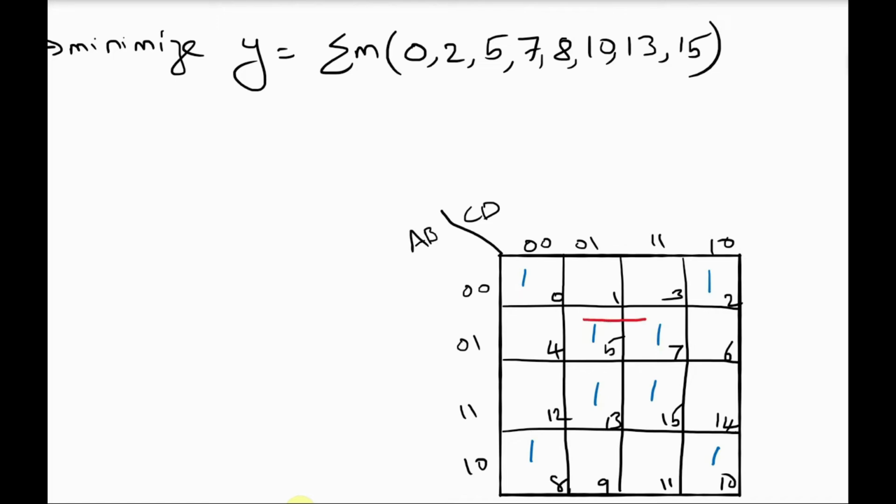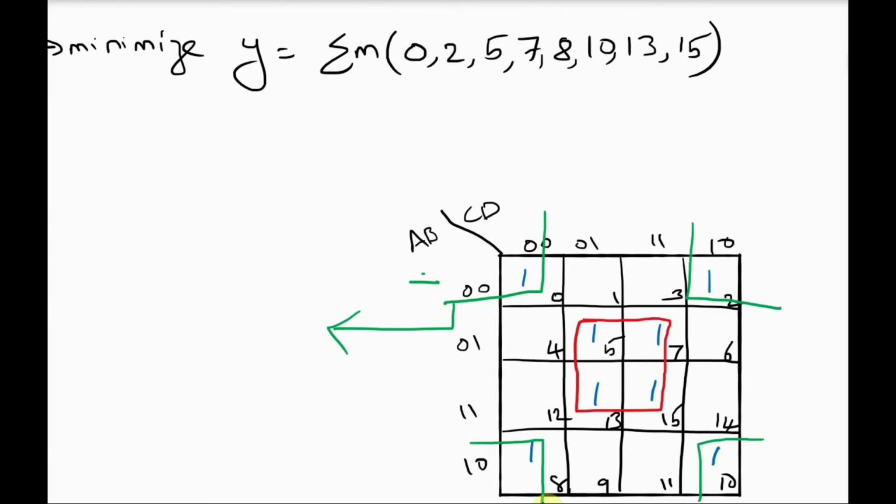We can group the center 4 in one group. Then in the corner cells we have 4 ones, and when we fold the kmap, all these 4 will come together. We have two groups. First we will see the green group. It covers the first row and last row.